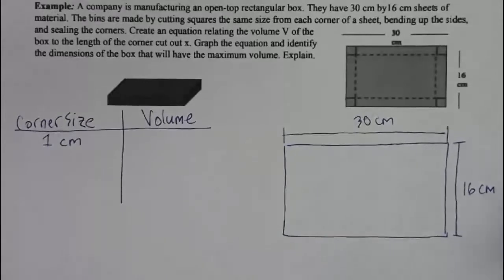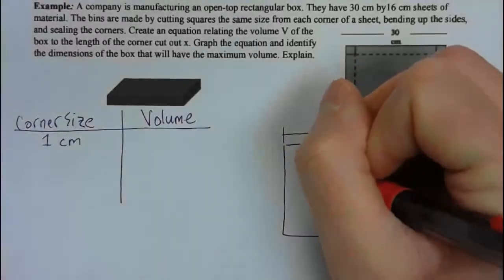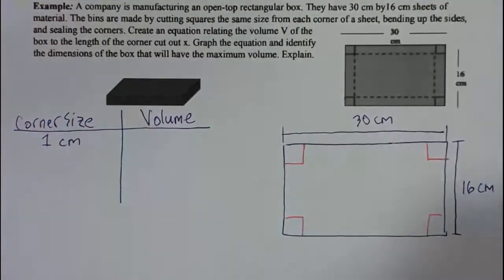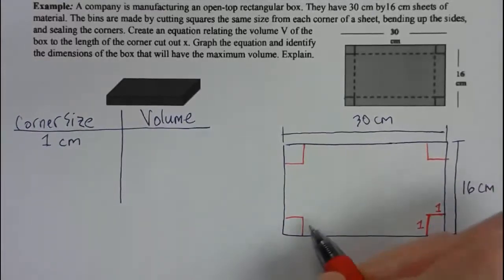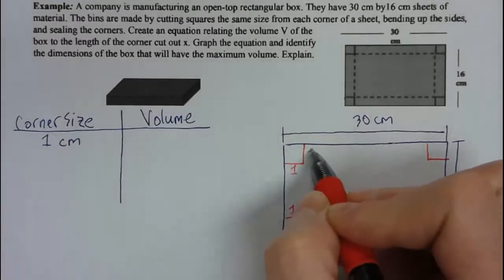In this first example, our corners are 1 centimeter, in all four corners, and these are the same size as each other. So this is 1 and that is 1, and then we have 1 and 1, 1 and 1.